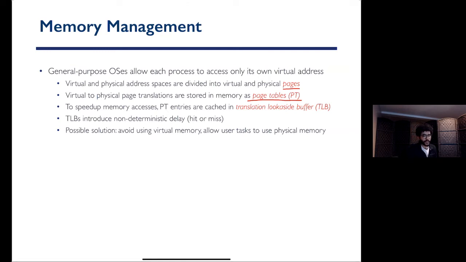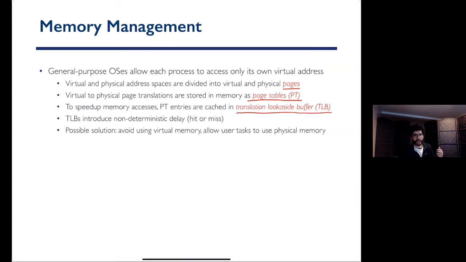Now, in order for us to speed up this address translation, usually one method that is used is to cache address translations in a cache that is called TLB, translation lookaside buffer. So this is basically a cache of translations.